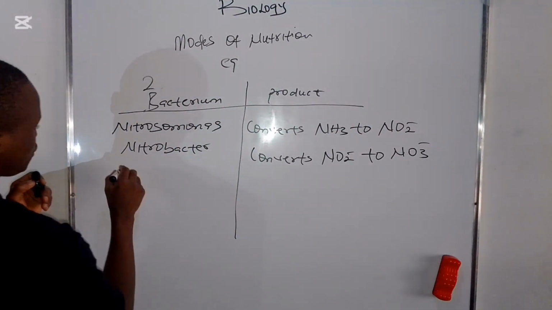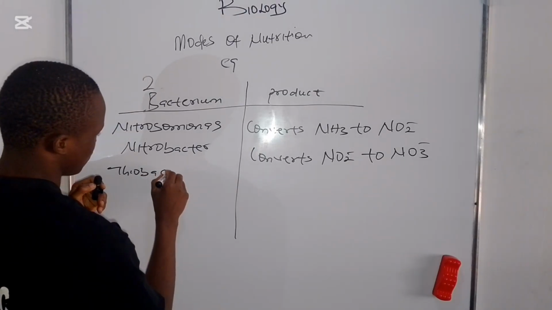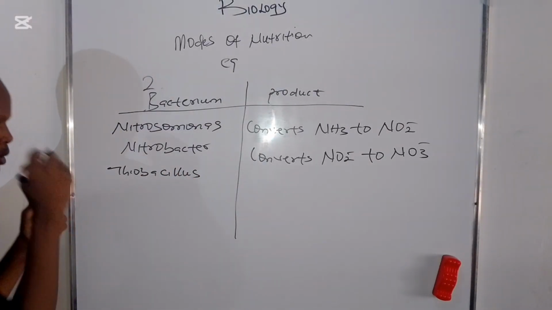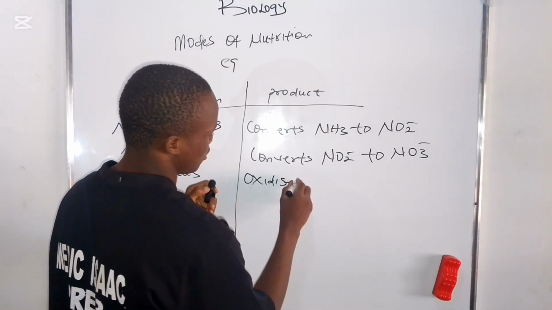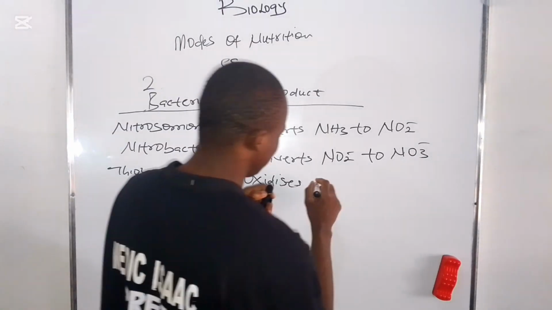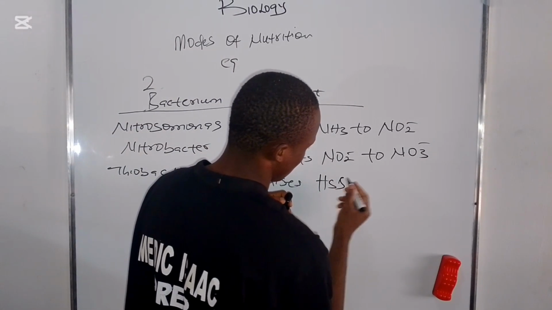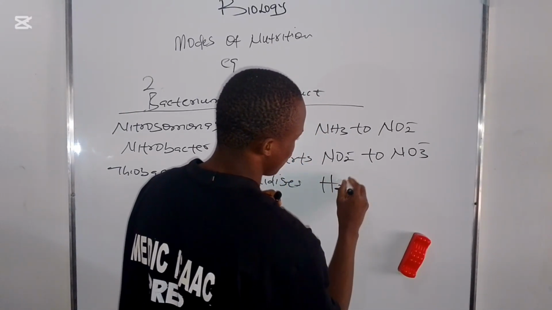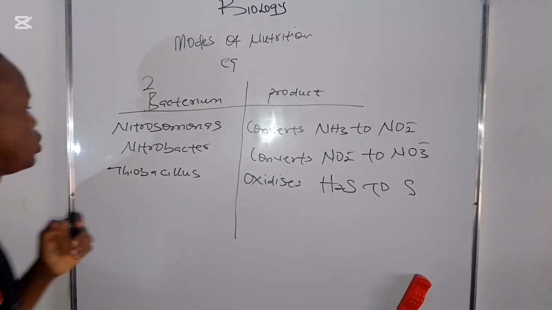Another one is Thiobacillus. What does it work on? It oxidizes hydrogen sulfide to sulfur. It's very important to take note.